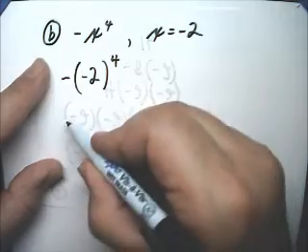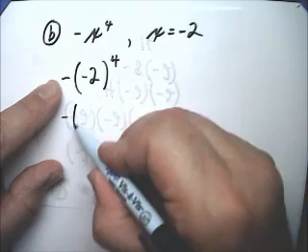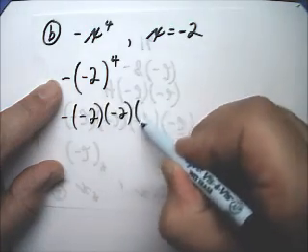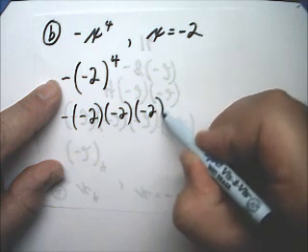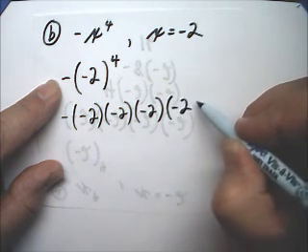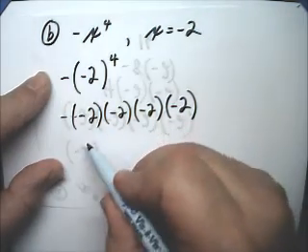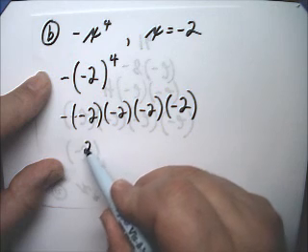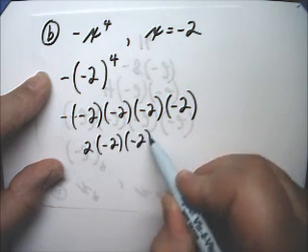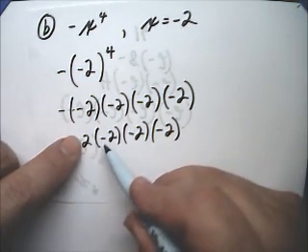And to write it out, I'd have this minus, and now I'll have -2 times itself 4 times. And minus a -2 is positive 2. So I'll have 2 times -2 times -2 times -2. This is -4.